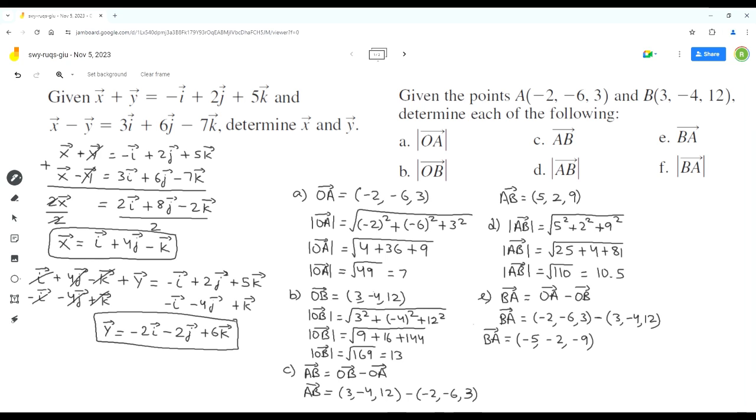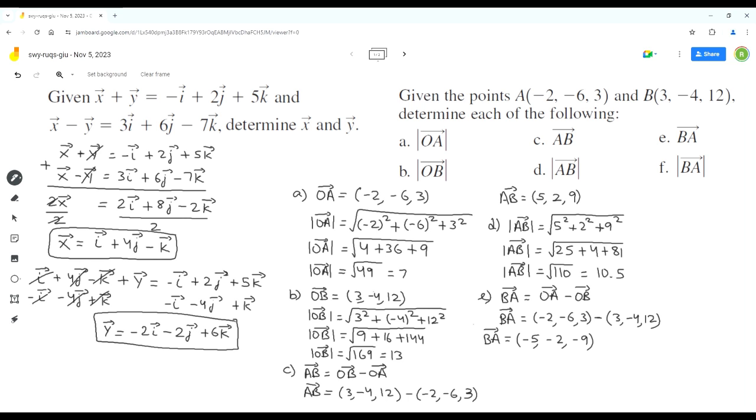So this is vector BA. Now we could have also found vector BA by applying a negative sign, or multiplying vector AB by negative 1, because vector BA is opposite to vector AB. So that's the other way of finding vector BA.